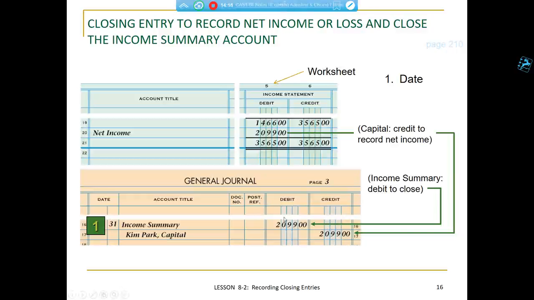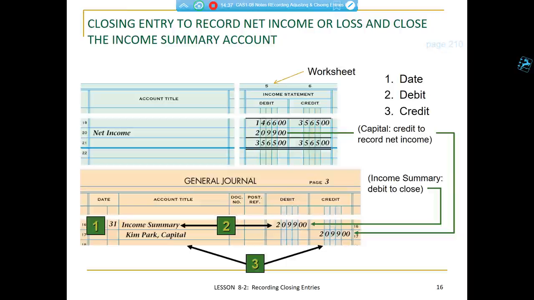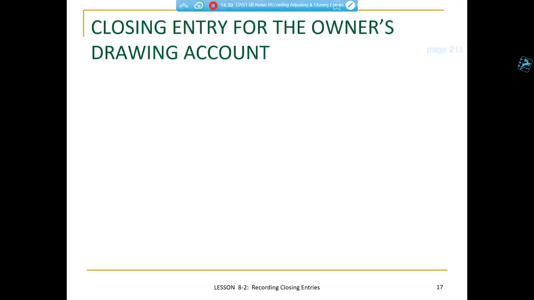So I'm going to close that $2,099 out and roll it into my capital account. So now what did I do? I first transferred my sales into my income summary. I second transferred my expenses into my income summary. Now I'm going to close out my income summary and transfer it into the capital account. Okay, and that's the steps.